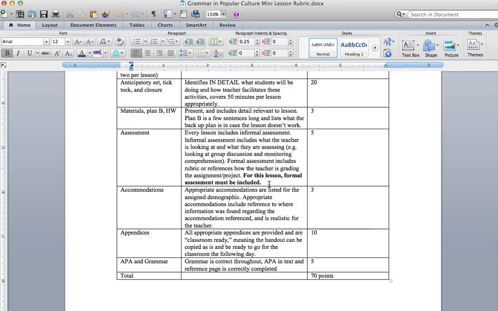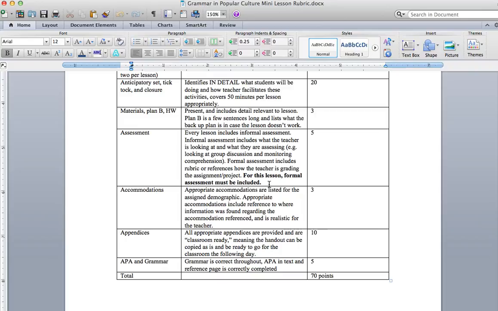Remember that an informal assessment is not graded, but rather what you as the teacher observe and what you're looking for the students to understand. Clearly, you can write something like looking for understanding of grammatical content through the discussion about this popular culture, whatever it is that you're using. Okay, the accommodations, you'll see that in a little bit.